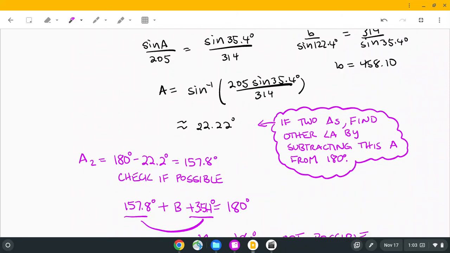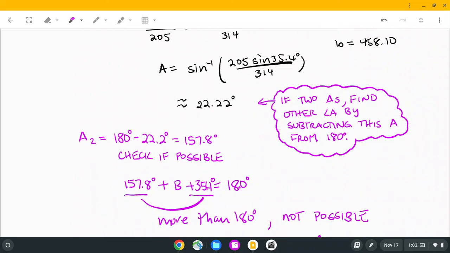Will you have room for the other two angles? So 157 plus 35, you bust 180, so it's not going to be possible.